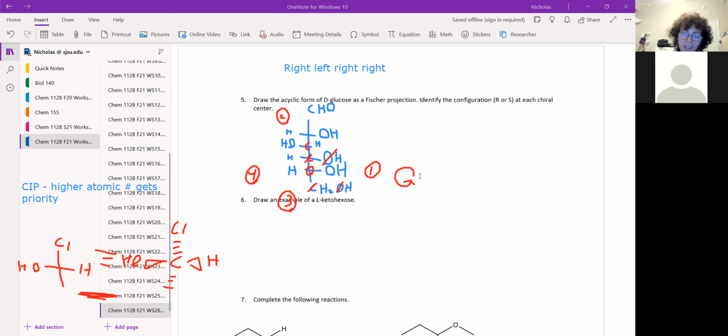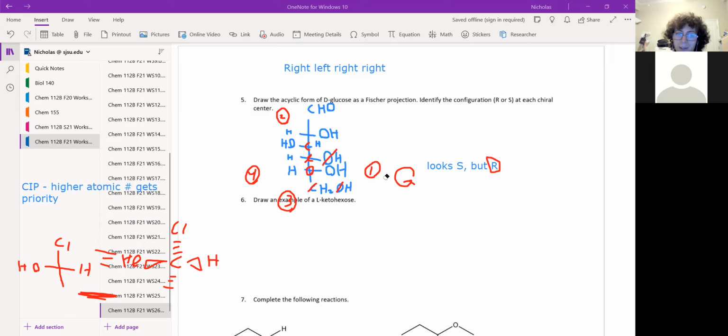So this looks like it's S, but it's actually R because of the hydrogen being on a wedge. And this is always going to be the case for carbohydrates because you'll always have a hydrogen on a horizontal line. So if you would like to memorize that it's always like that for sugars, where you flip the stereochemistry, feel free to, but be careful because it's not always going to be like that for a Fischer projection.